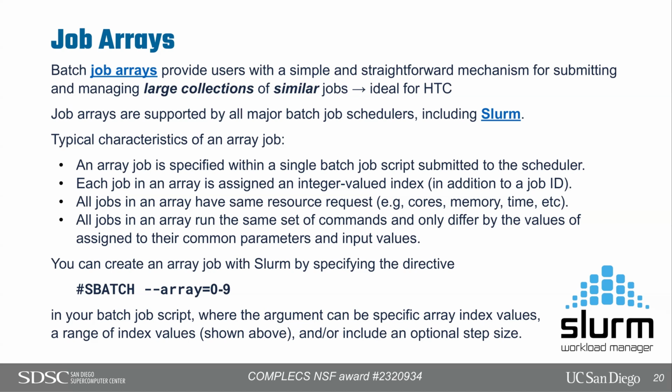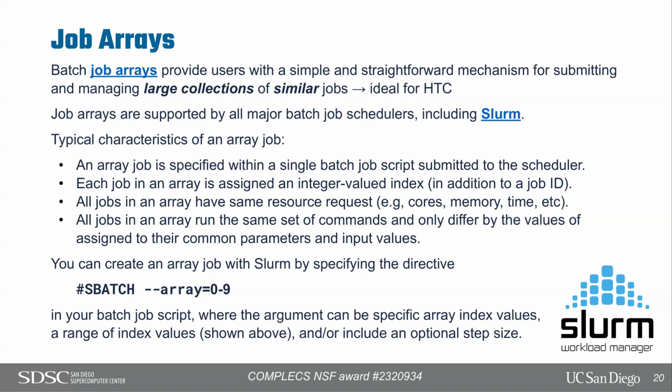Anyhow, the one major limitation usually, and why this is more ideal for high throughput computing, is that in a job array, every job has the same resource request. So every job that you run has to be similar enough to fit in the same number of cores, same amount of memory, and same amount of time that you've requested from the scheduler, right?